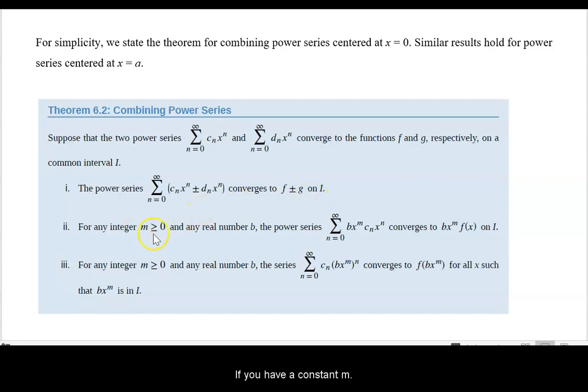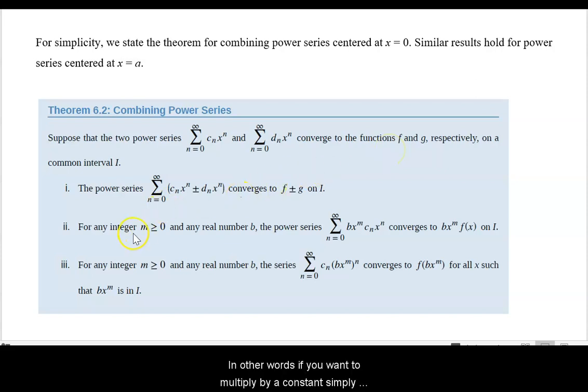If you have a constant m greater than or equal to 0 and any real number given by lowercase b, then the power series of b times x to the m power times c sub n x to the n power will converge to b times x to the m power times f of x on I, given, of course, that c sub n x to the n up here converges to f of x in the original.